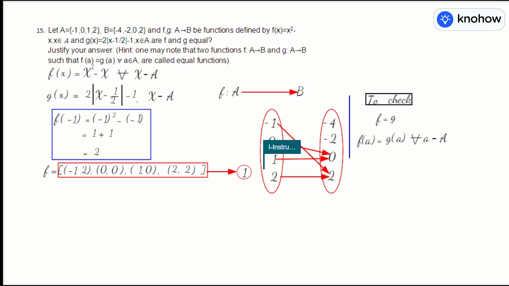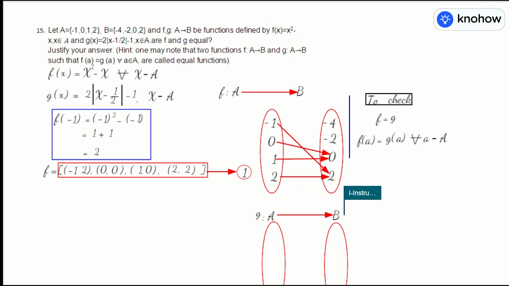And now let us see function g, how the association takes place under g, again from set A to B. The elements of set A are -1, 0, 1, 2. And the elements of set B are -4, -2, 0 and 2.